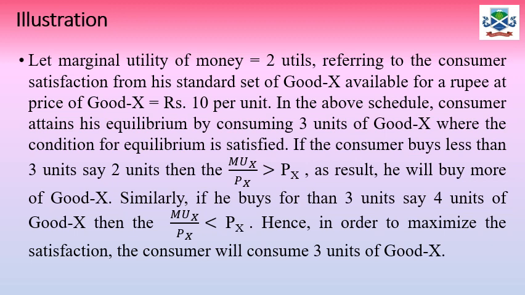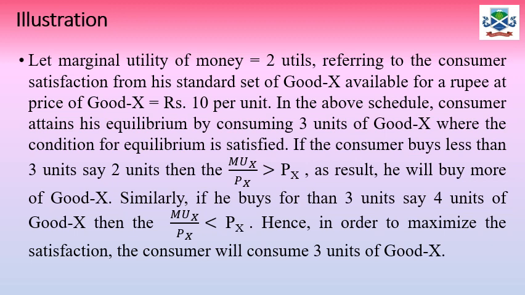The marginal utility of money is 2 utils, and referring to the consumer satisfaction from the schedule of good X, the price of good X is 10 rupees per unit.